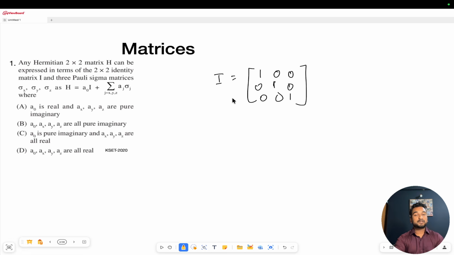Here they are talking about a 2 cross 2 matrix, so it will be like this.